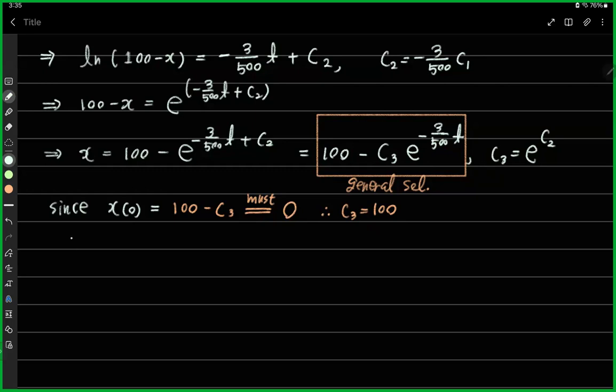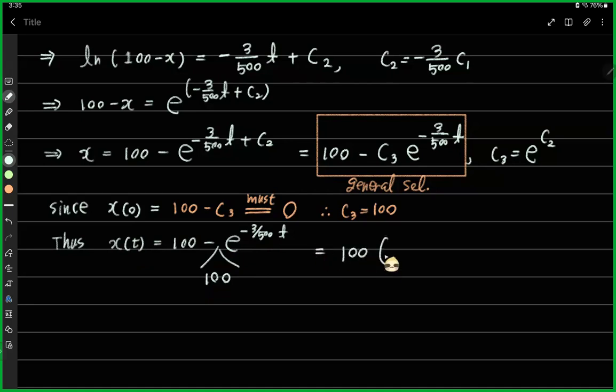Now we have the particular solution. x of t is equal to 100 minus 100 e to the negative 3 over 500 times t. I forgot putting 100 here.